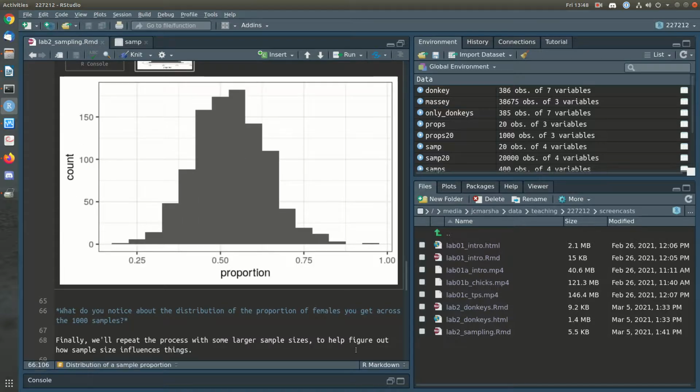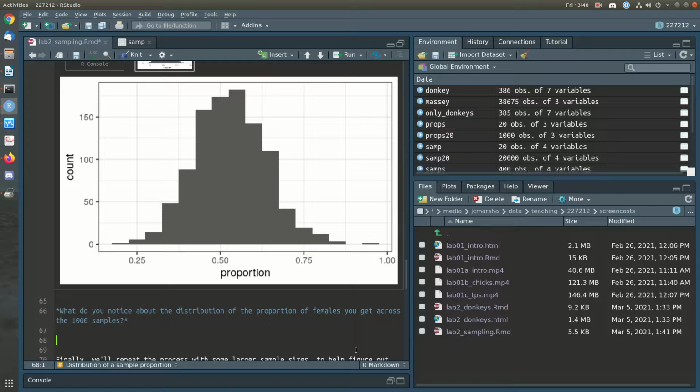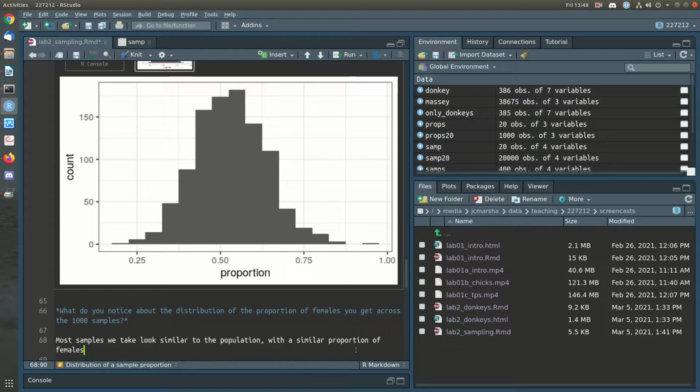So let's note that down. Most samples we take look similar to the population, with a similar proportion of females. But some are more extreme.